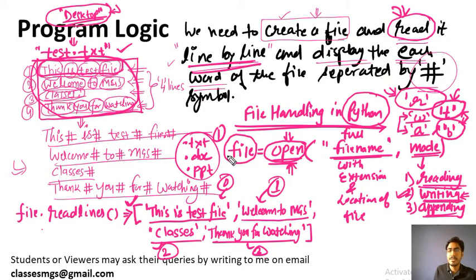So this will be the second line of your Python program: read it line by line. Then what is asked is to display each word of the file. Now from this list of lines, we need to fetch each word and put a hash after each word. This is another task.